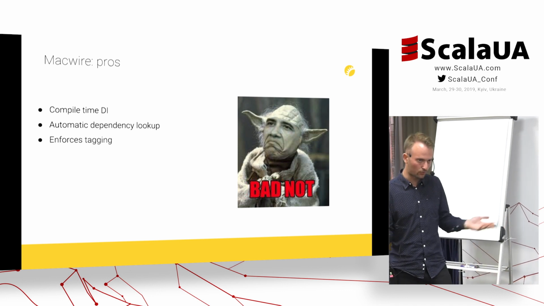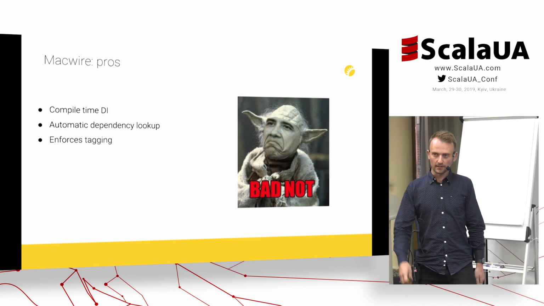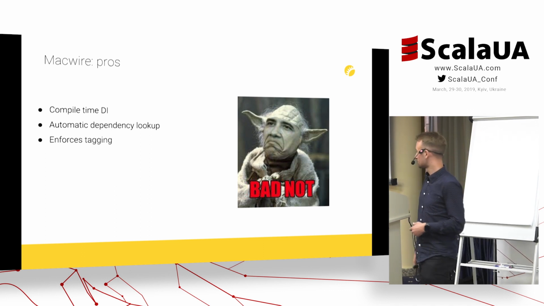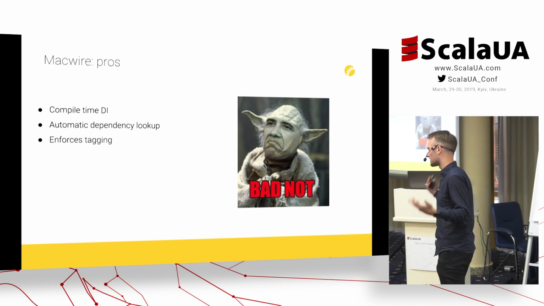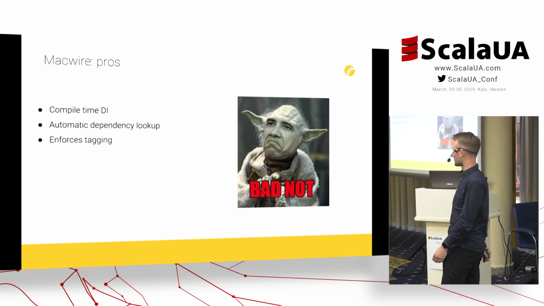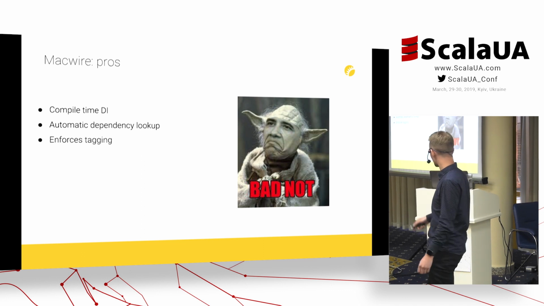Tagging forces us to describe our program more verbosely. For instance, you will not have just a string, you will have a string tagged as username. It looks not so bad.